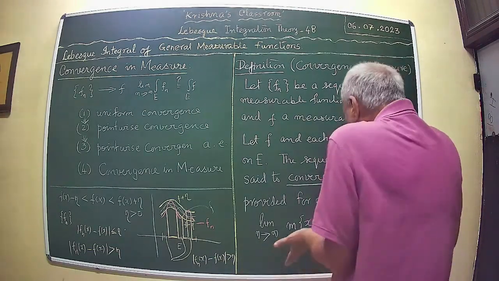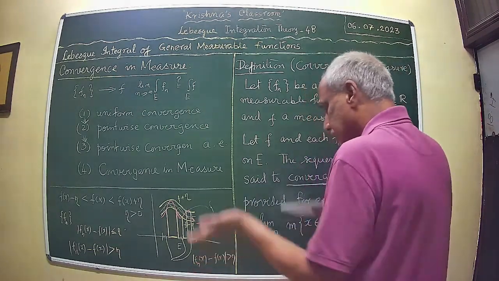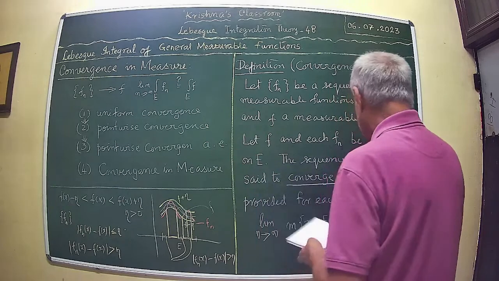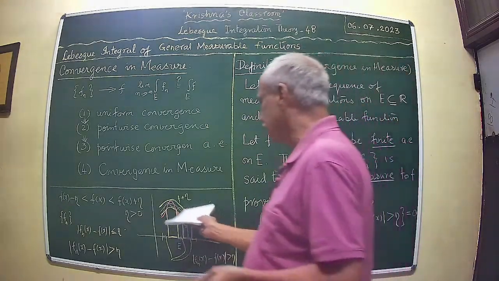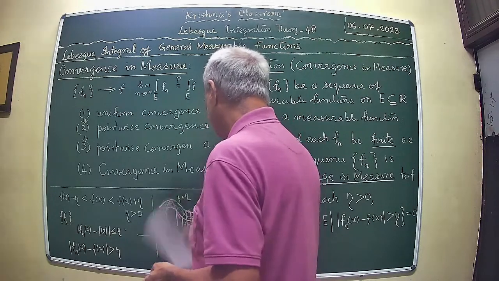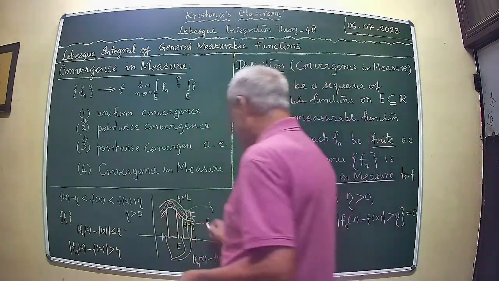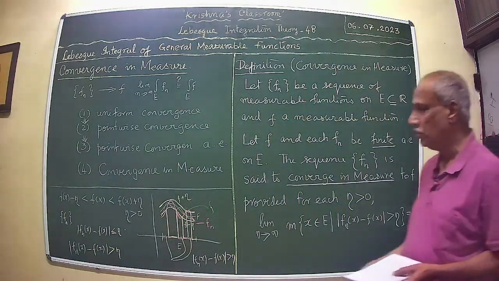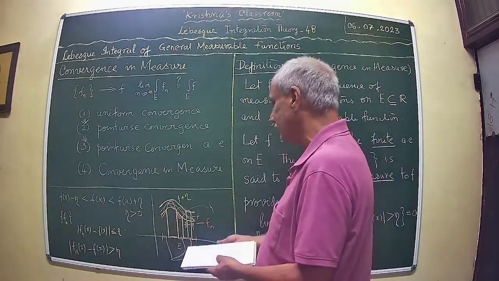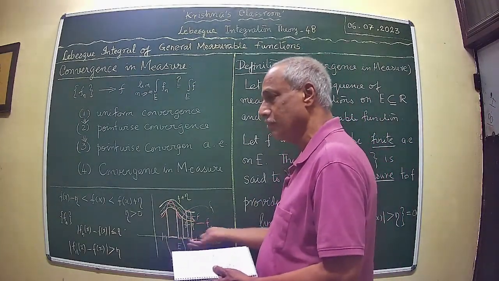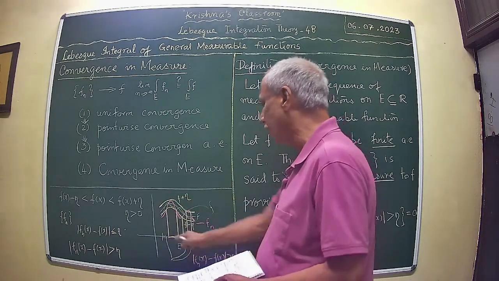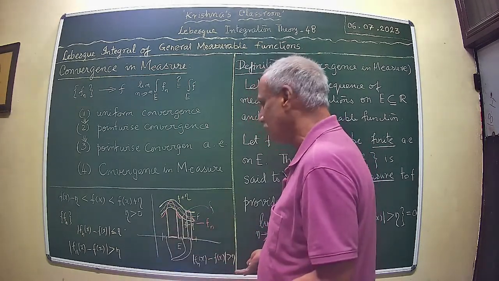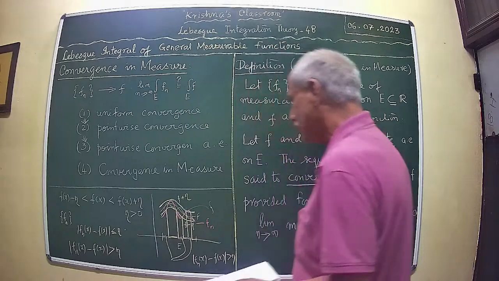Suppose Fn is converging to F, that means Fn gets closer and closer to F. As n becomes large, it enters this road surrounding F. More and more points enter this road, so you are looking at the measure of the left out portions, the points where it does not enter the road.